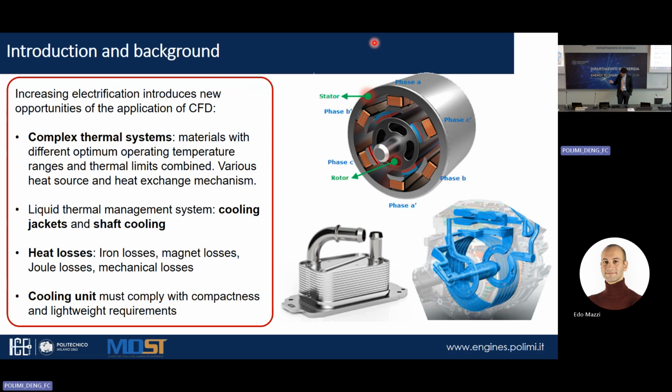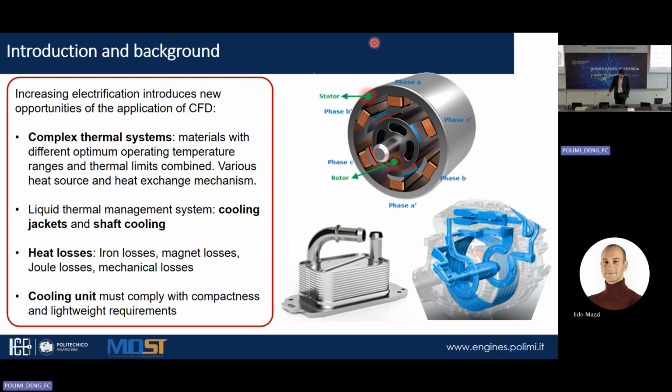Then in these devices, we also have cooling systems inside the shaft, where you have the moving components, and also outside for the cooling of the external part. And then we have heat losses that are basically sources of heat generated inside the motor.